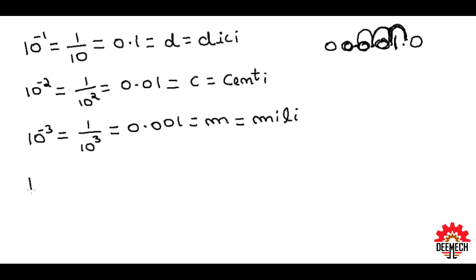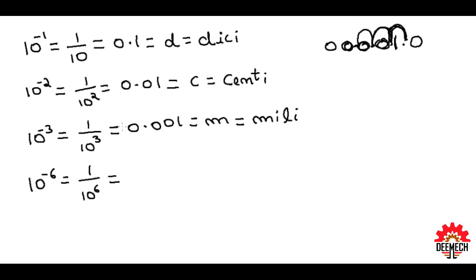Fourth one, 10 to the power of minus 6. It is 1 divided by 10 to the power of 6. So let us break down here. If it is 10 to the power of minus 1, there is 1 zero before 1, and the decimal point is immediately after the first zero. Of course, there is only one zero, so it is 0.1. Next, 10 to the power of minus 2, there are 2 zeros before 1. The decimal point is written after the first zero.